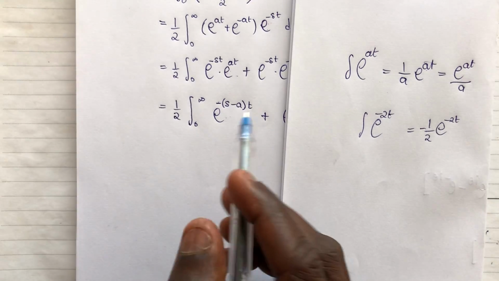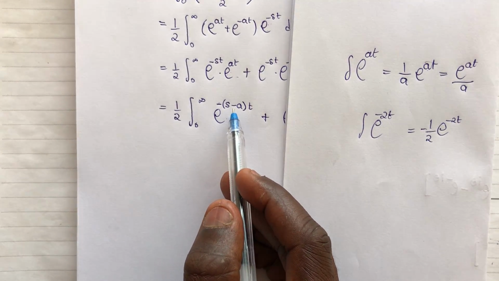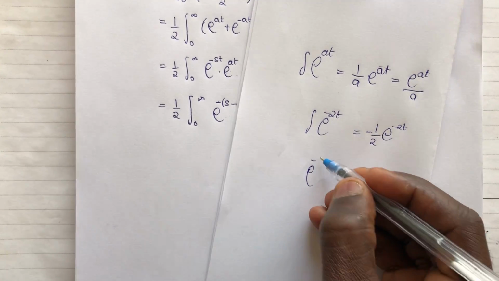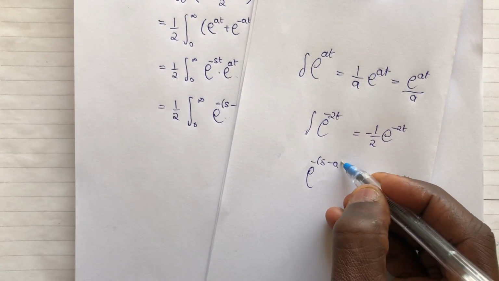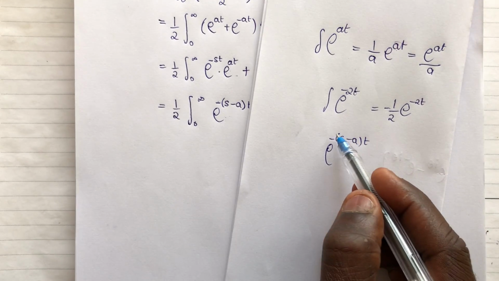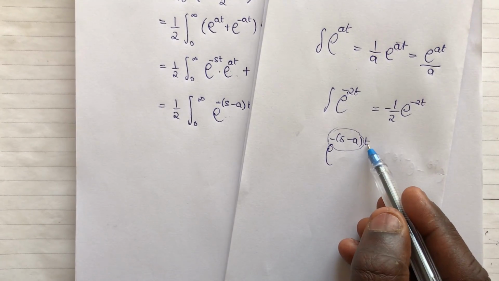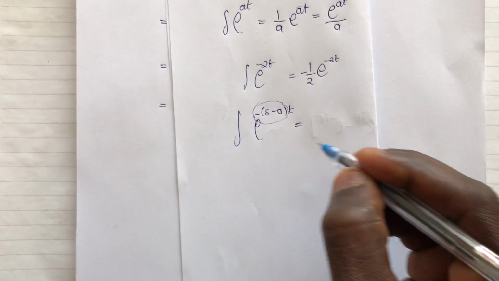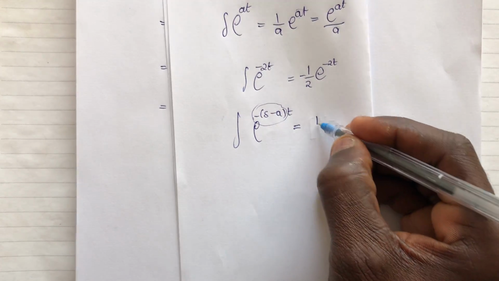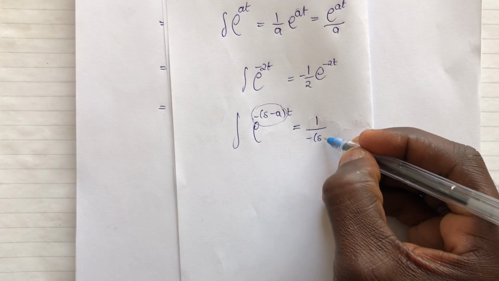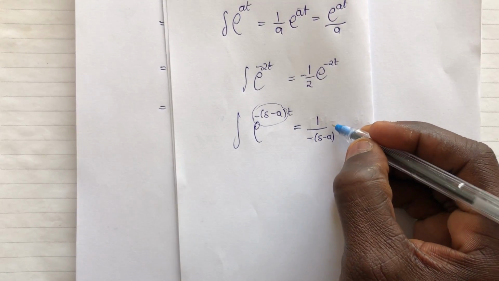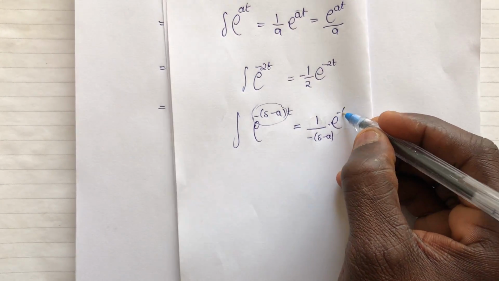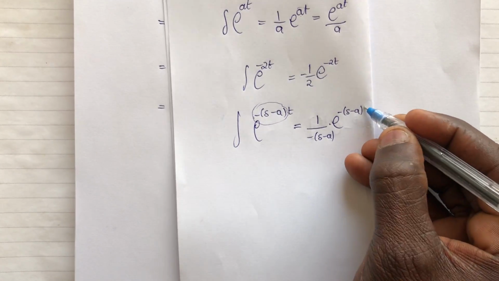Okay, so we have here negative s minus a and t. So this is what we have, s minus a t. So this side of the function is the coefficient of t. So we repeat the same step by finding the integral of this, giving us 1 over minus s minus a, and e multiplied by e to the power negative s minus a times t.